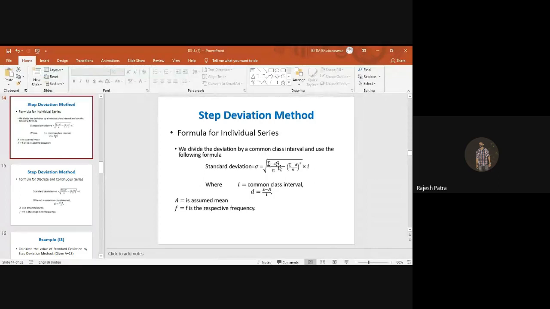Then sum of d square divided by 7. Minus 1, 5 minus 1, that is 4. 4 square it is. 10.